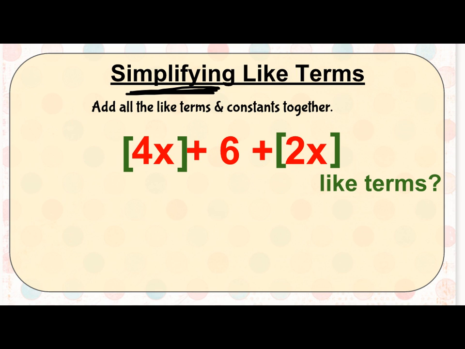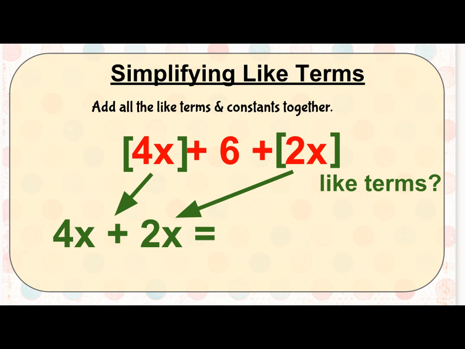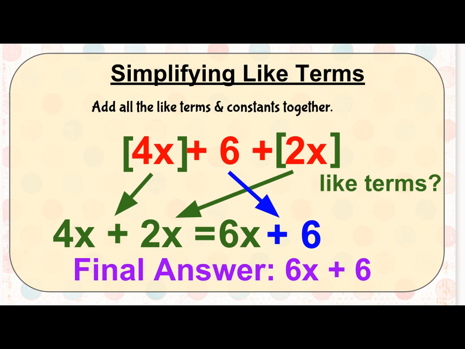I can't solve. I don't know what it equals yet, so I can't solve anything, but I can simplify it down and write it a lot shorter than this. So 4x's and 2x's, if I add those together, that means I'm going to have 6x's, and then I have this 6 as a box left over, so I'm just going to tack that box on the end, the +6 on the end. And that's really all it boils down to for simplifying like terms.